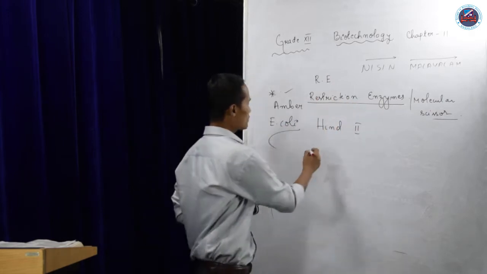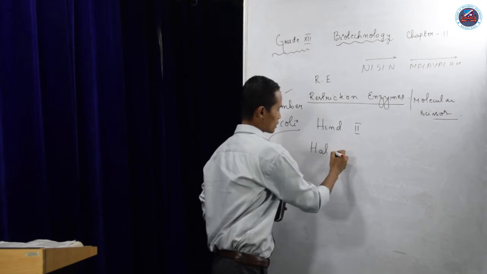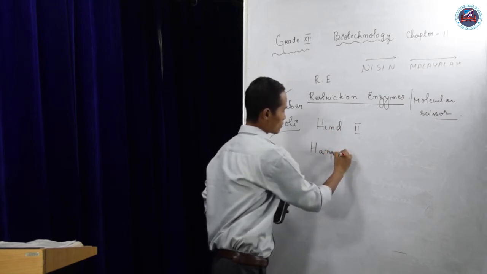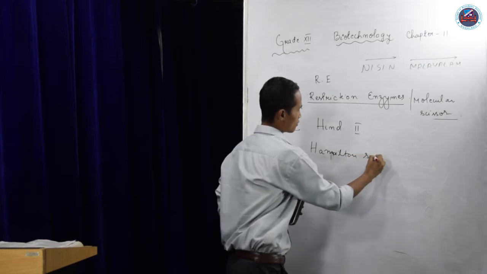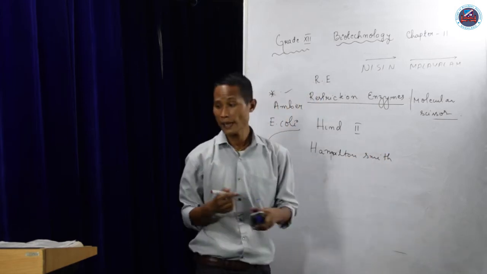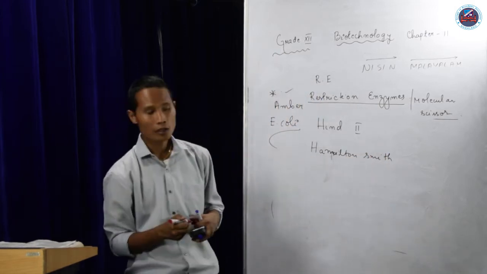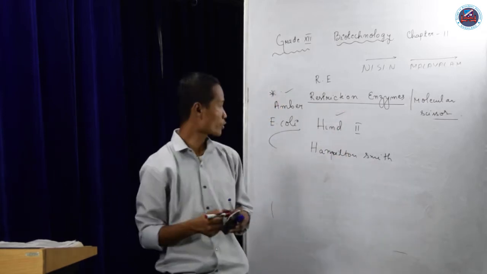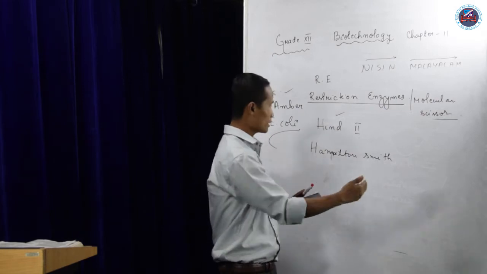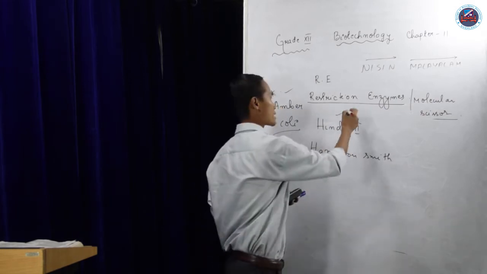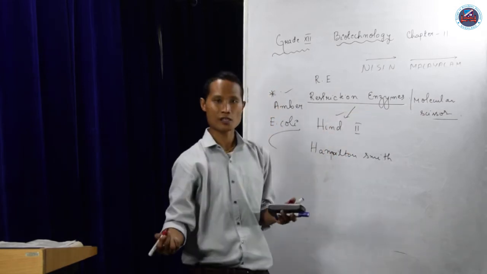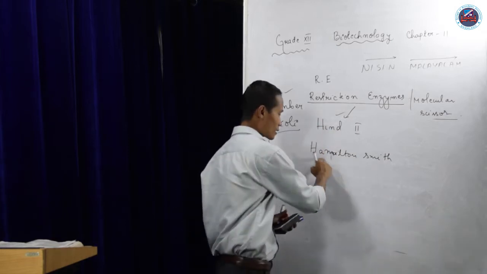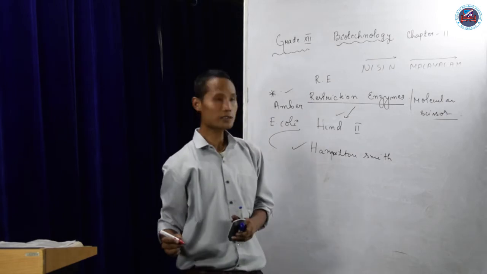Arber had observed a restriction enzyme in E. coli. It was Hamilton Smith who discovered HindII. HindII is the name of a restriction enzyme, an example of a restriction enzyme. So HindII was the first restriction enzyme isolated by Hamilton Smith.